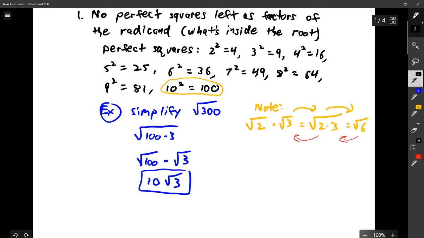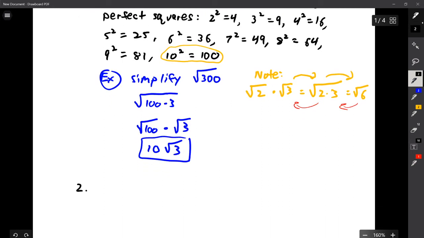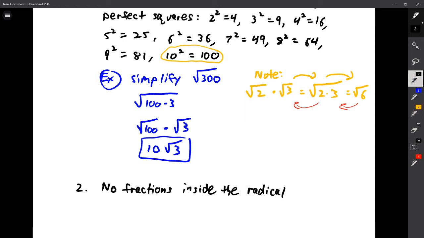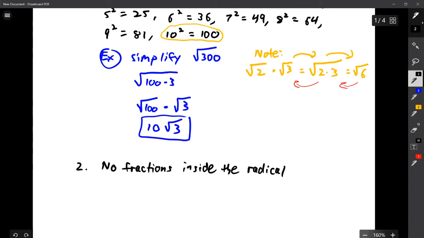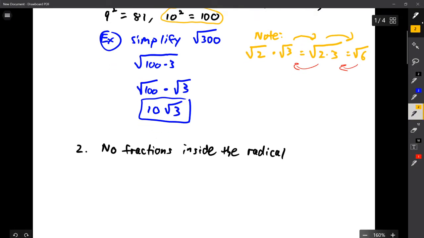Rule number 2 is that there are no fractions inside the radical. And we're going to use a very similar thing to the yellow note up above. We're going to have a note like that here.